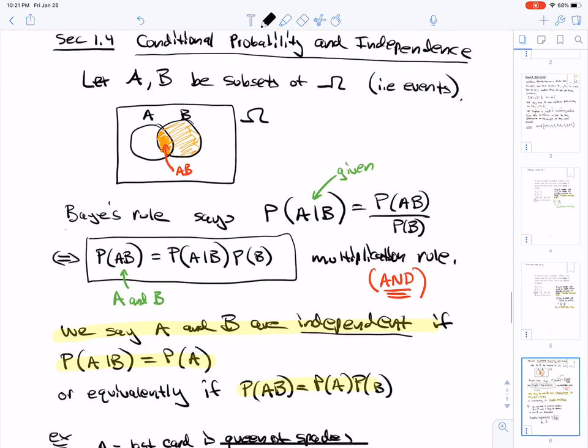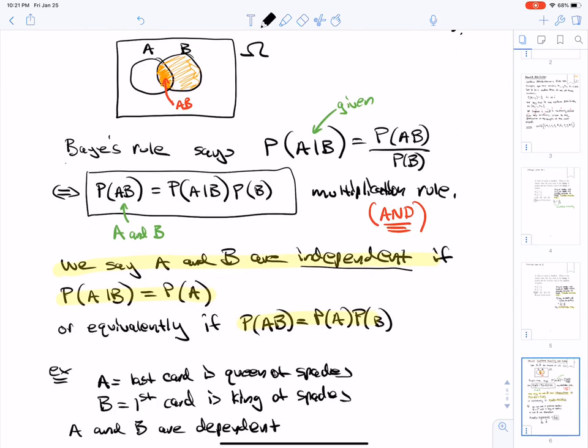So we say that A and B are independent if the probability that you have A given B is just the probability of having A. So the fact that it's given B does not affect anything. This is equivalent to saying that the probability of A and B is equal to the probability of A times the probability of B, because if you look at the multiplication rule, the probability of A given B is the probability of A when A and B are independent.